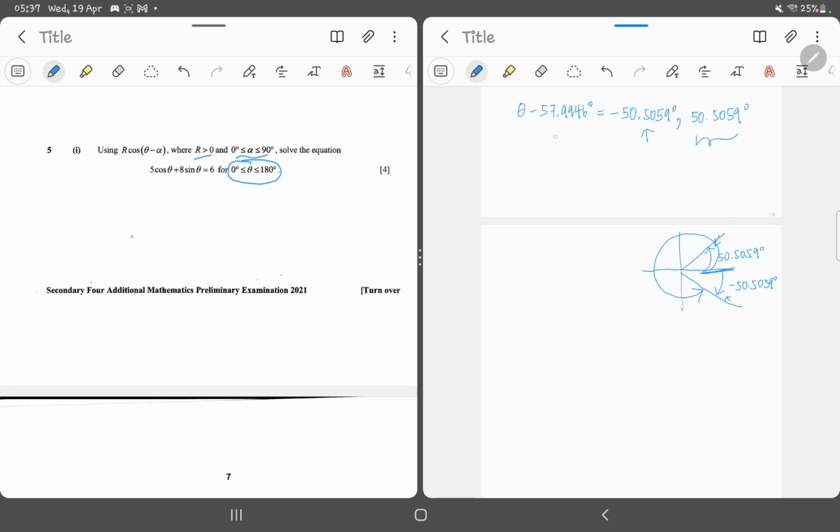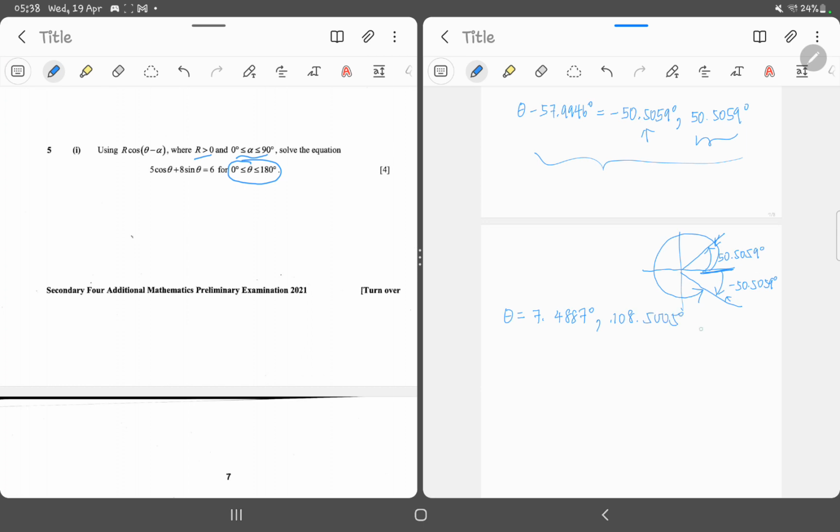So then theta evaluates to 7.4887 degrees and 108.5005 degrees.